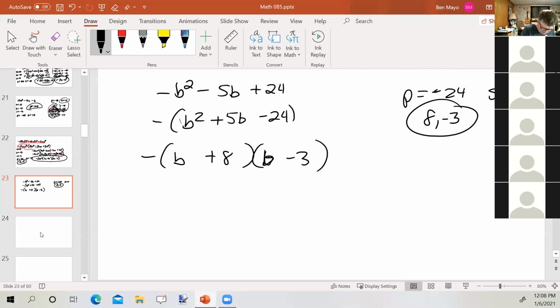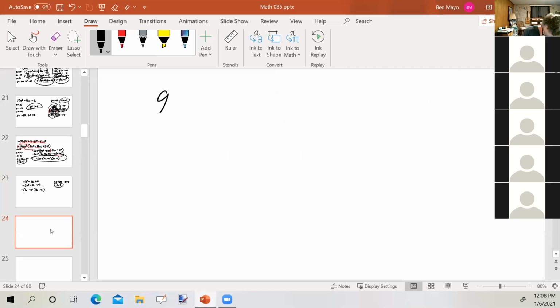Okay. Next problem. 9x to the 4th plus 27x to the 6th. This is not a trinomial, so I can't use the techniques in 6.2 or 6.3. It's not really in standard form either, is it? But what's the greatest common factor here?